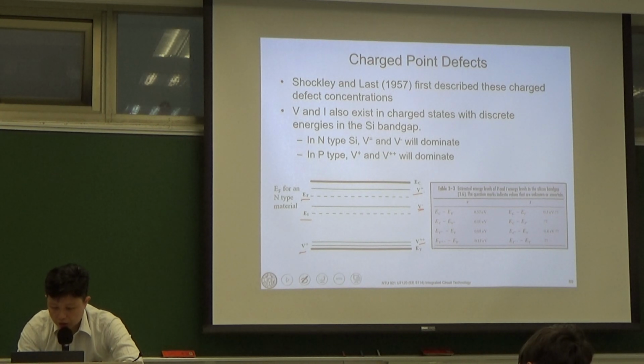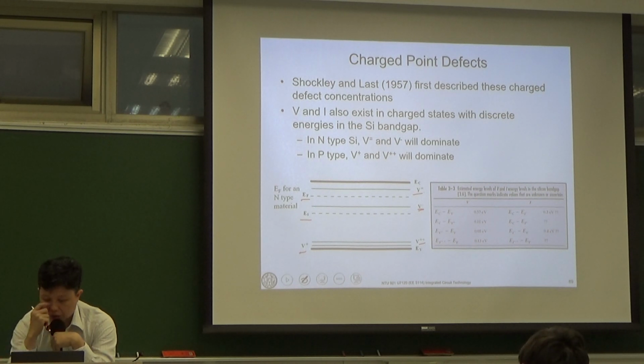And the energy levels of these states, some people use calculations to give you this number. For example, this is the V state, between your E_C and E_V minus.